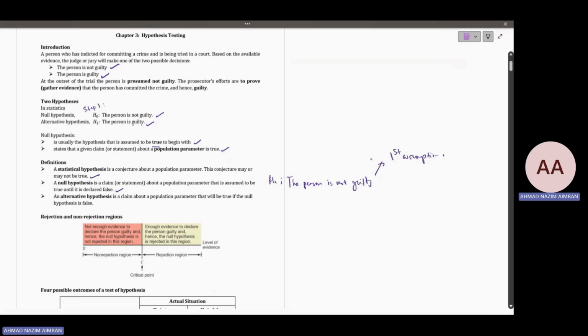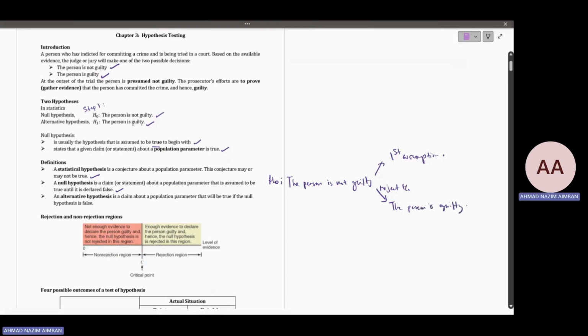But if we have enough evidence to reject this hypothesis, it means that from the evidence, it is clear, or it is enough to say that the person is actually guilty, then we will reject the H null, which means that the person is guilty.